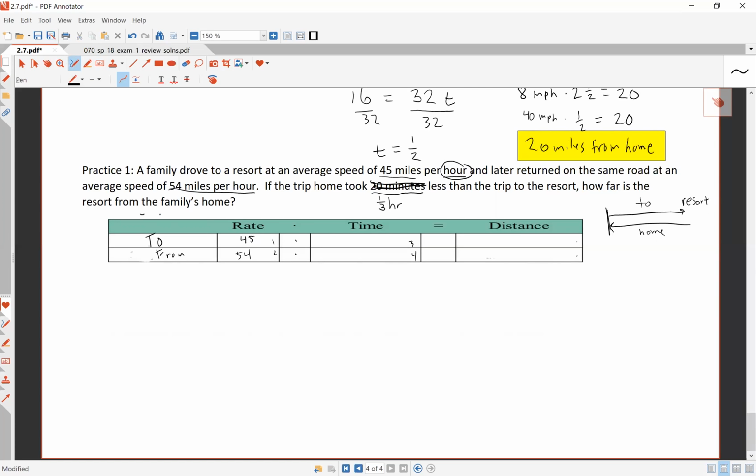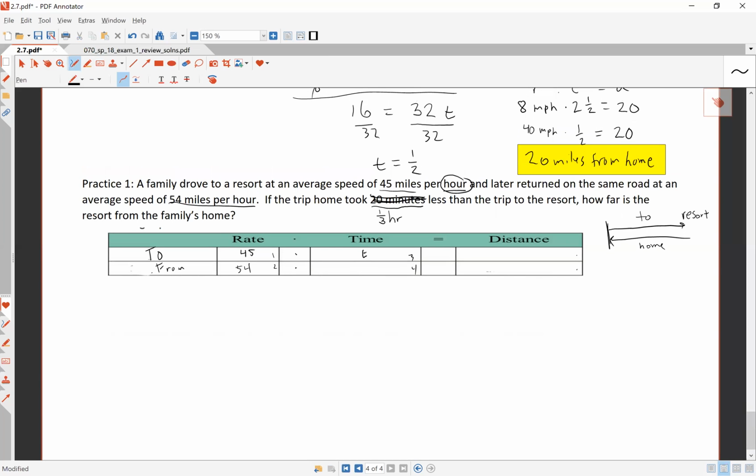It doesn't matter which one gets the T here for the time, but what we need to recognize is that when you go faster, you spend less time driving. So if we go to the resort for T hours, home is going to be 1/3 hour less than that.